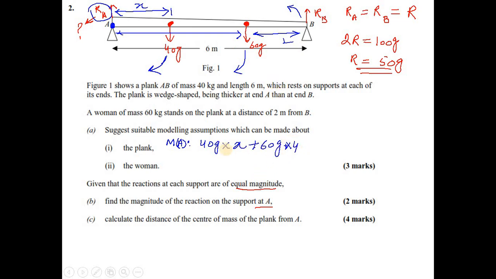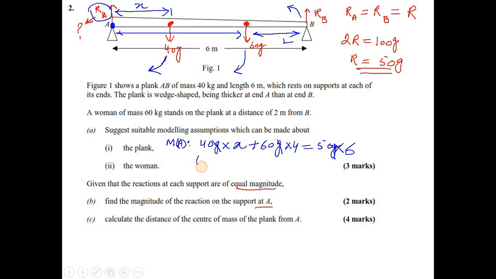So these clockwise moments are equal to the anti-clockwise moment. So 50g times RB, of course it is 6. Again I forgot, it is g. And now you can cancel g if you wish, because we have a g in all terms. So g, g and g are gone.